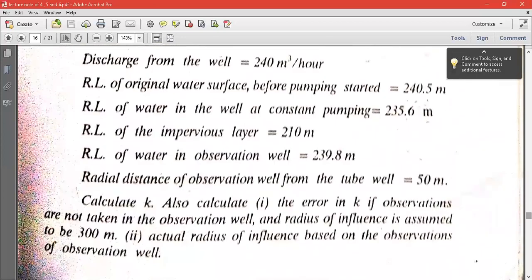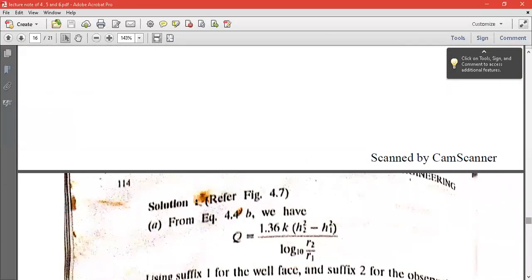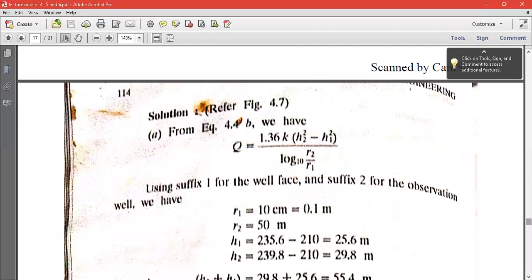If the diameter is 20 centimeter, the radius is half, 10 centimeter. So we can write R1 as 0.1 meter. R2 is the horizontal distance from the center of the well where the observation well is placed, and that is given as 50 meter.